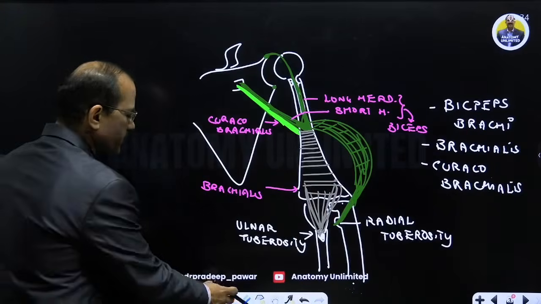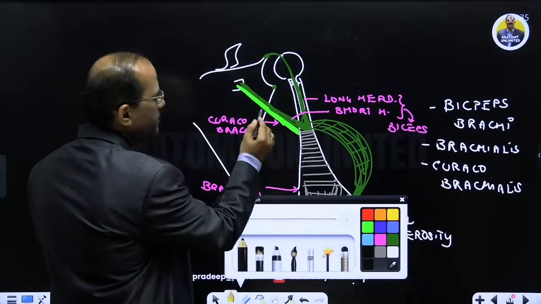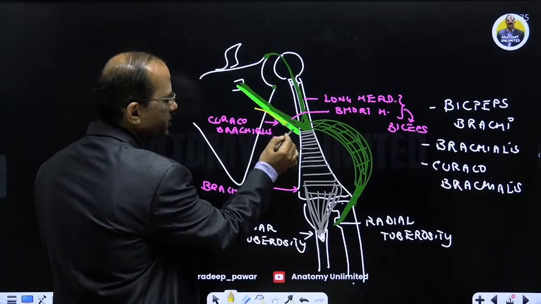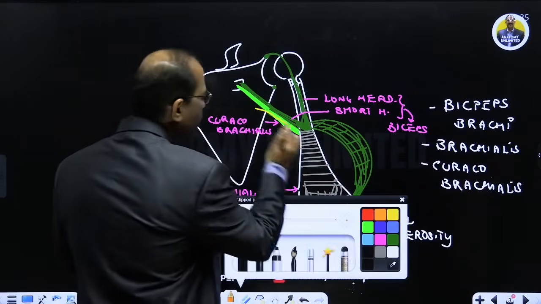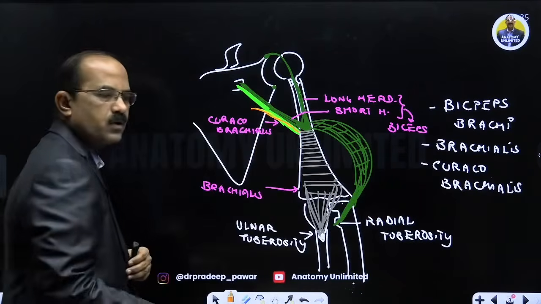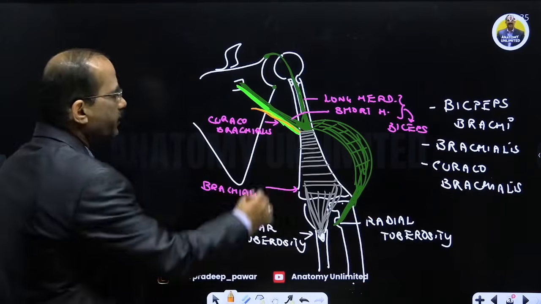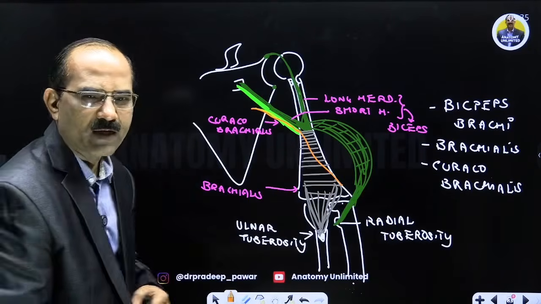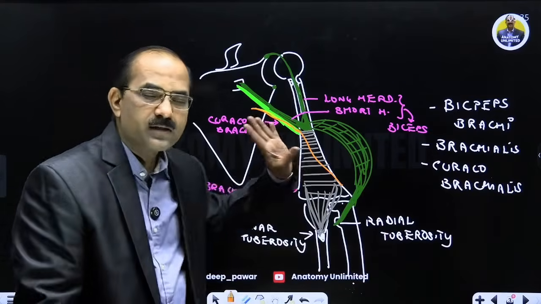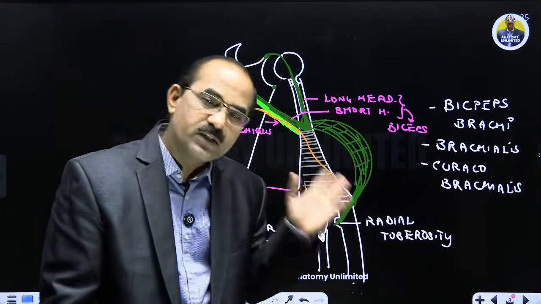Now this musculocutaneous nerve pierces this muscle. What is this muscle? Coracobrachialis. You can see this musculocutaneous nerve pierces the coracobrachialis. Now it lies on this muscle. Which muscle is this? Brachialis. What have we done to see the brachialis?